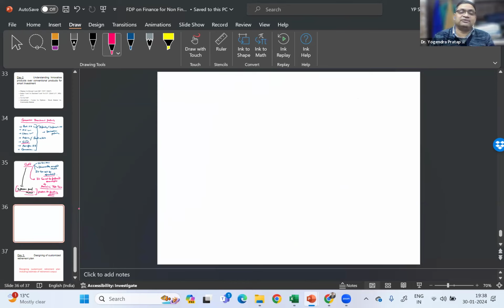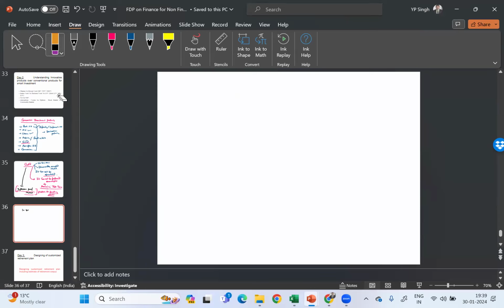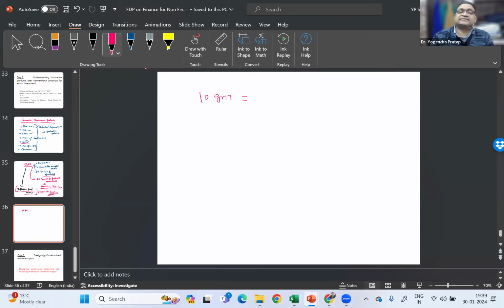Professor Manoj, Dr. Manoj, sir, can you recall what was the price of 10-gram gold when you were young, when you started your career? Sir, I can only guess, it may be some 2,500 or 3,000 rupees. Yes, 3,000 rupees.